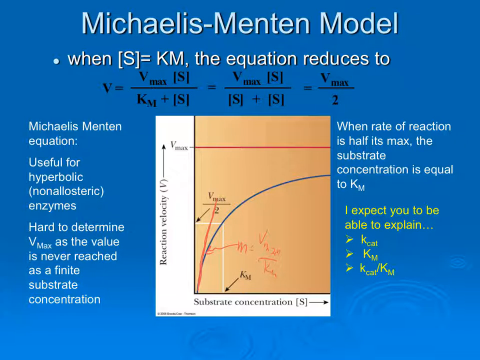Okay, back in the old days, when they would write journal articles and stuff, they would have to do everything by hand. They didn't have all the computers. And it was hard to draw hyperbolic curves and to draw them well.